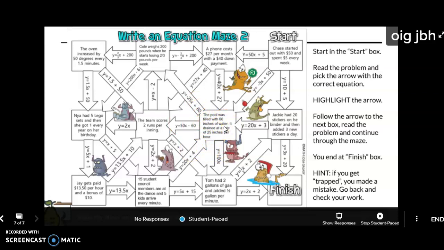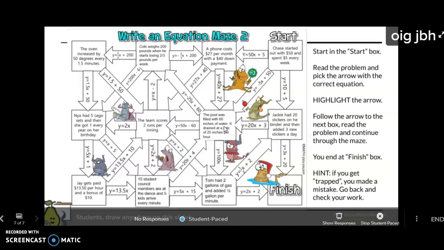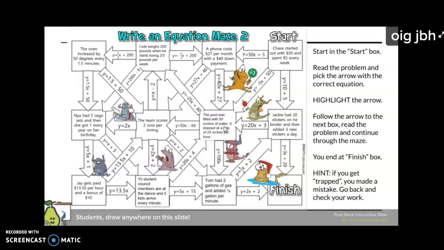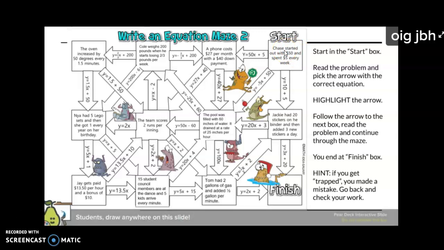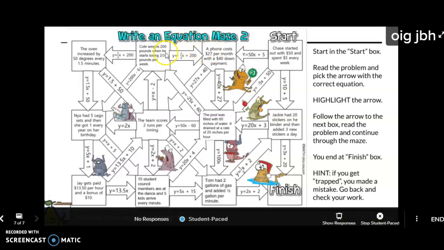So what you need to be doing on this slide is drawing those X's for your slope words, circling the slope numbers, and putting boxes on the y-intercept numbers.